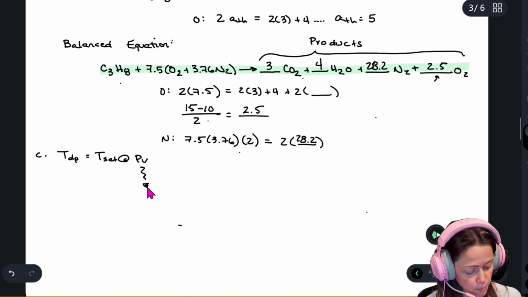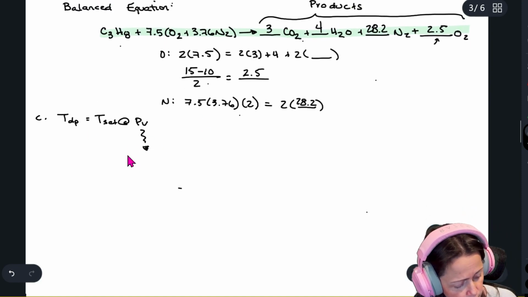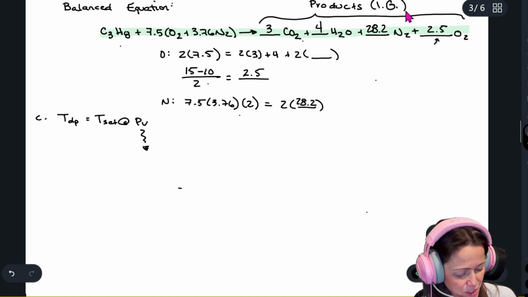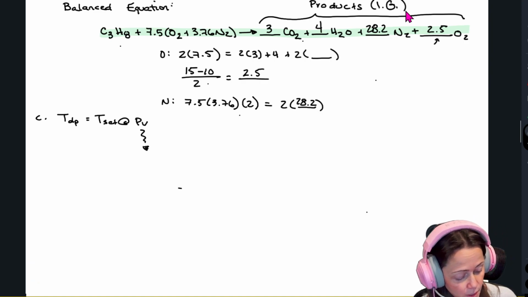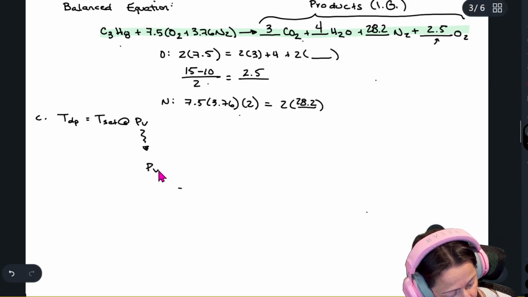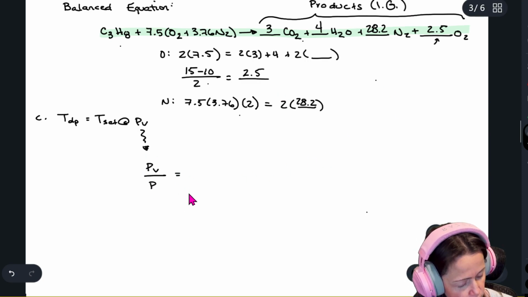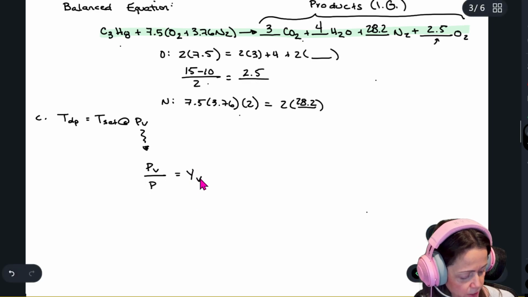So in the products, the vapor pressure, if I say that those products are an ideal gas mixture, right? Everything's coming out hot, 600 Kelvin. So I know that P_V over P, remember from unit 4 when we talked about ideal gas mixtures, is related to my mole fraction.